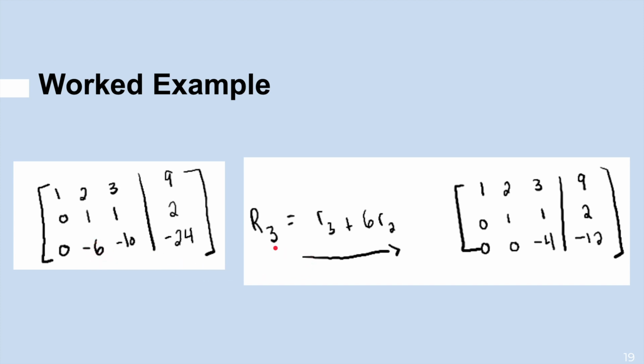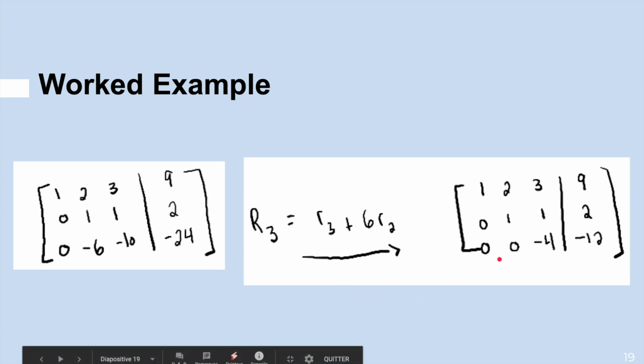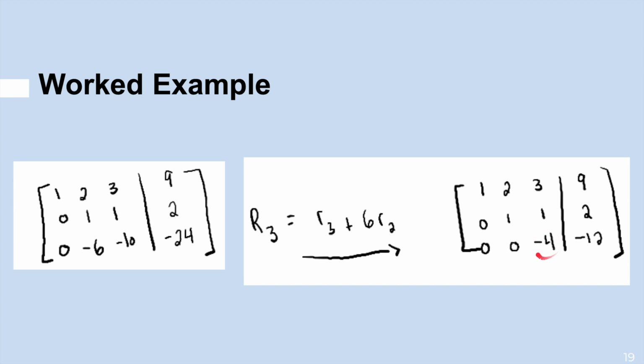So the old row 3 plus 6 times the old row 2 is equal to our new row 3. What this means is that minus 6 plus 6 is equal to 0, and that's what we wanted to do. I'm going to rewrite it out, and so our last step is to put this and make it a 1.